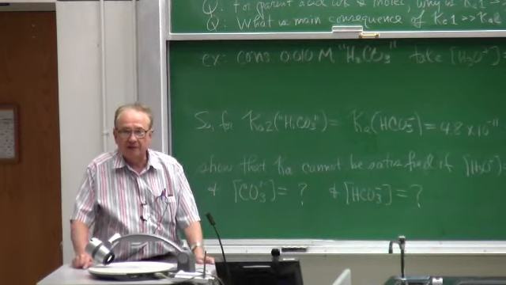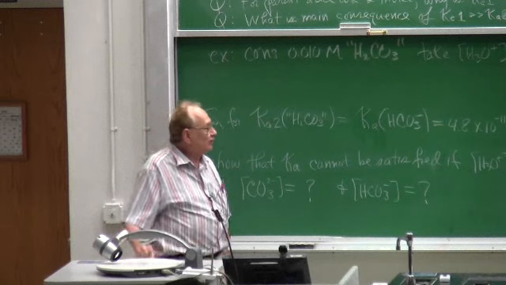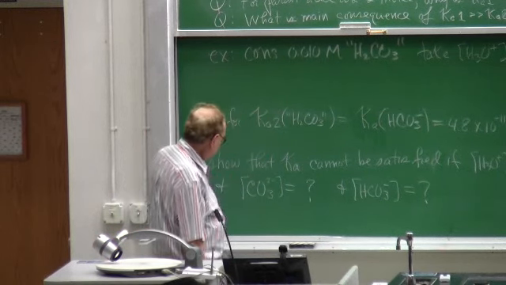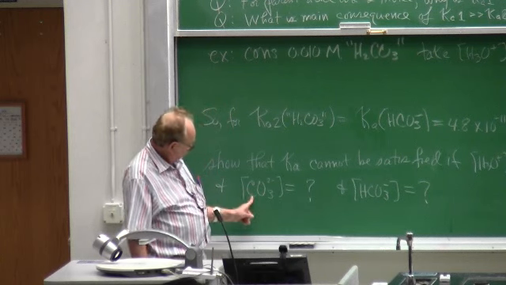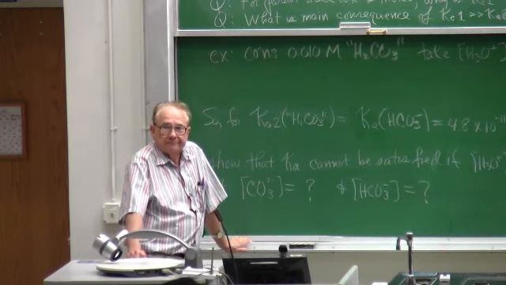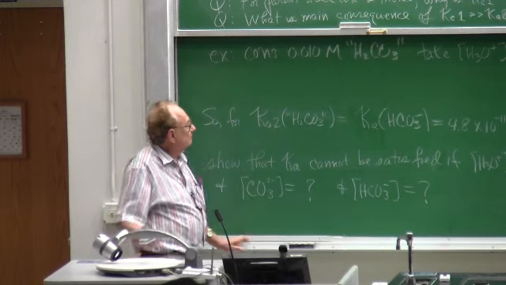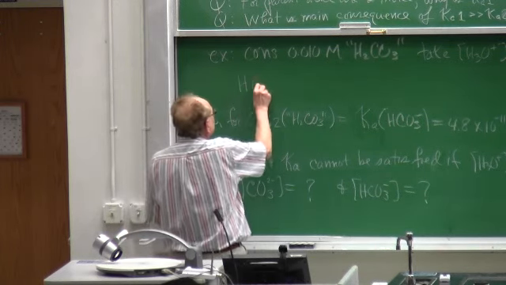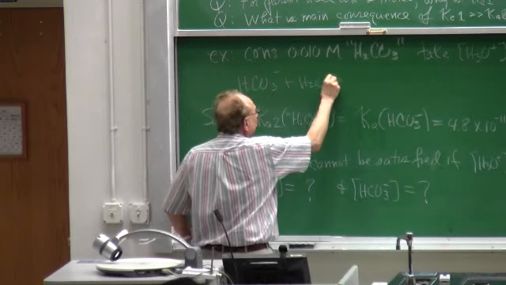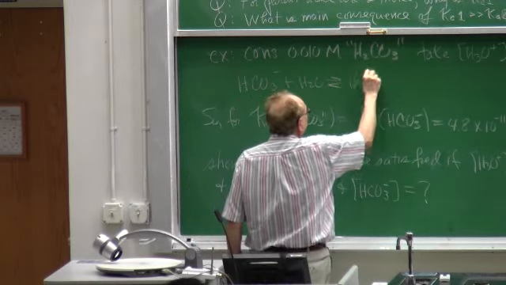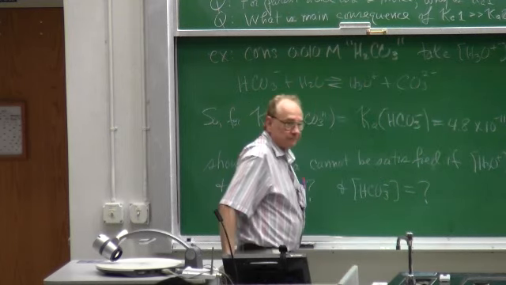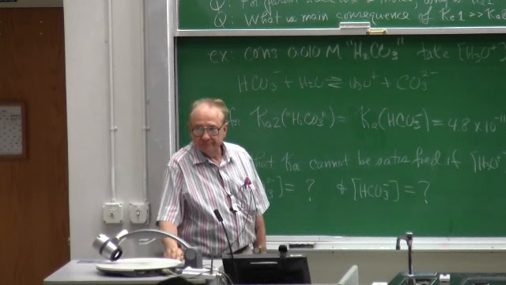Well, if the hydronium ion concentration then is boosted to 6.6 times 10 to minus 5, what's the carbonate ion concentration going to be? Let the stoichiometry of this reaction talk to you. What is it?